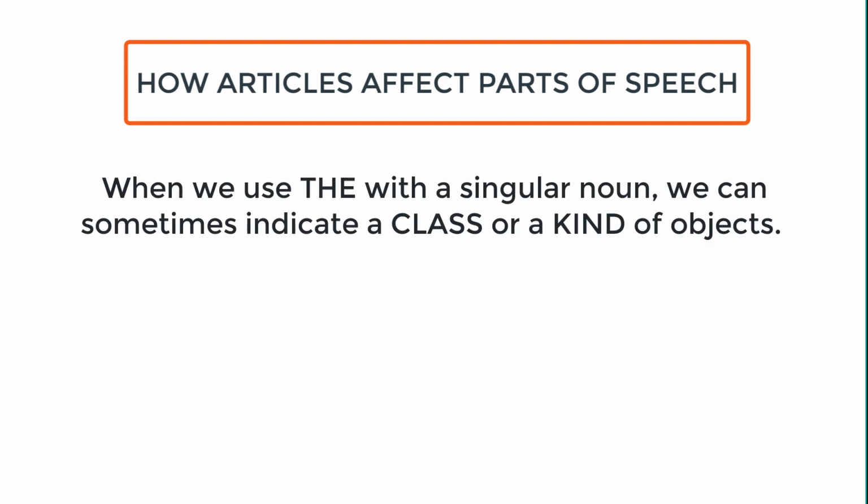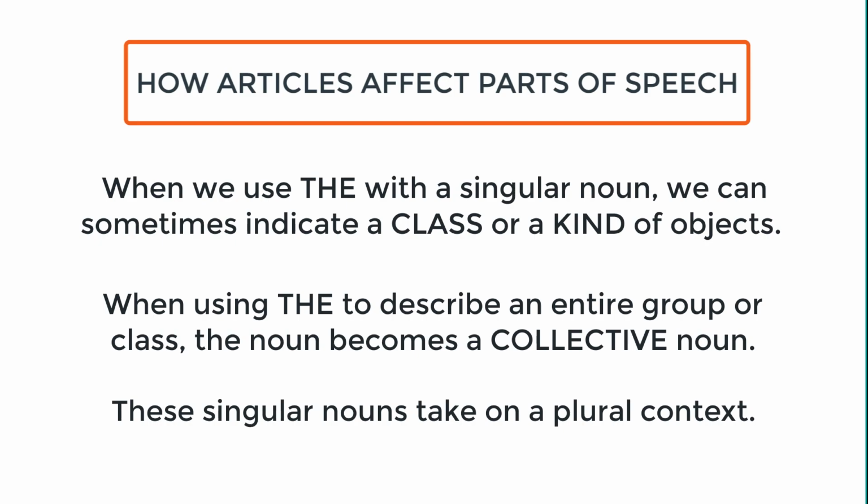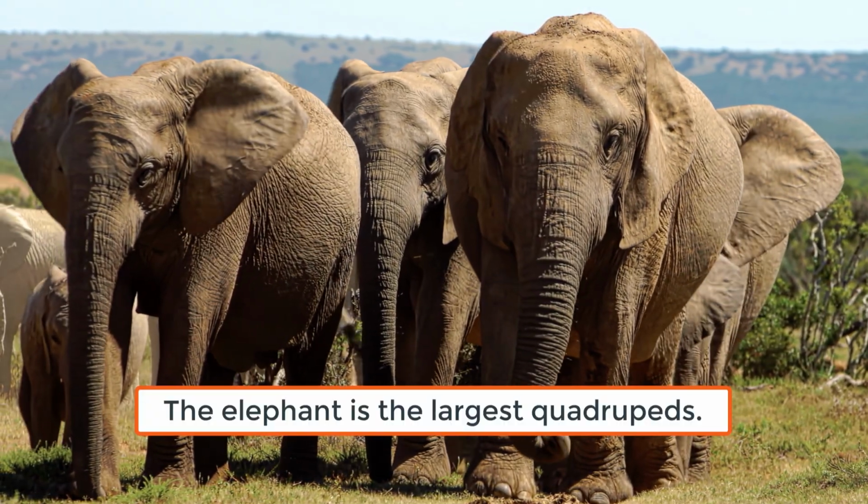When we use the with a singular noun, we can sometimes indicate a class or a kind of objects. Like in these examples, the elephant is the largest quadruped.